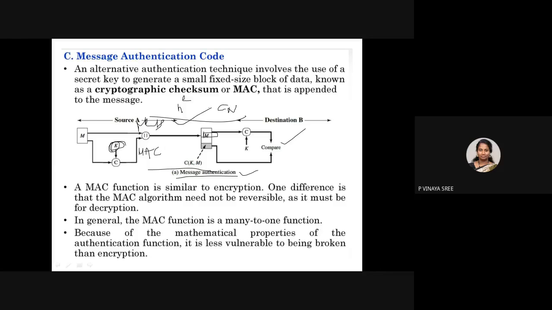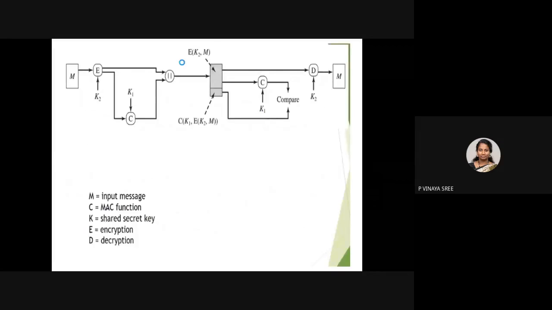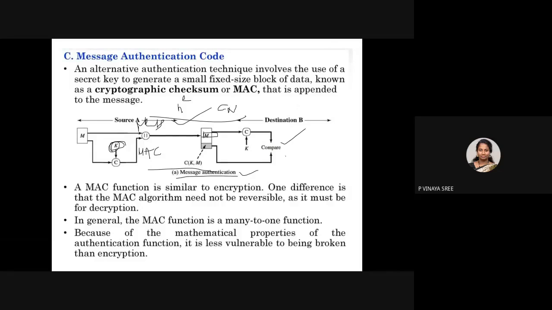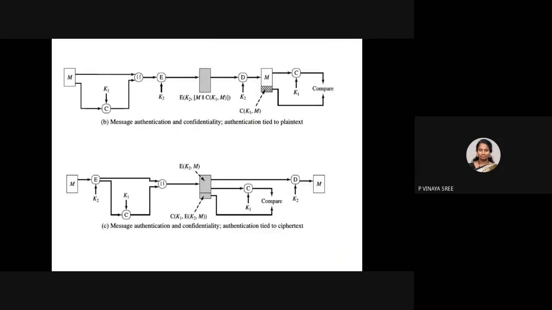So what I have to use is confidentiality. That is the example I have given for the timetable. Now there are two more cases in message authentication code, try to understand.